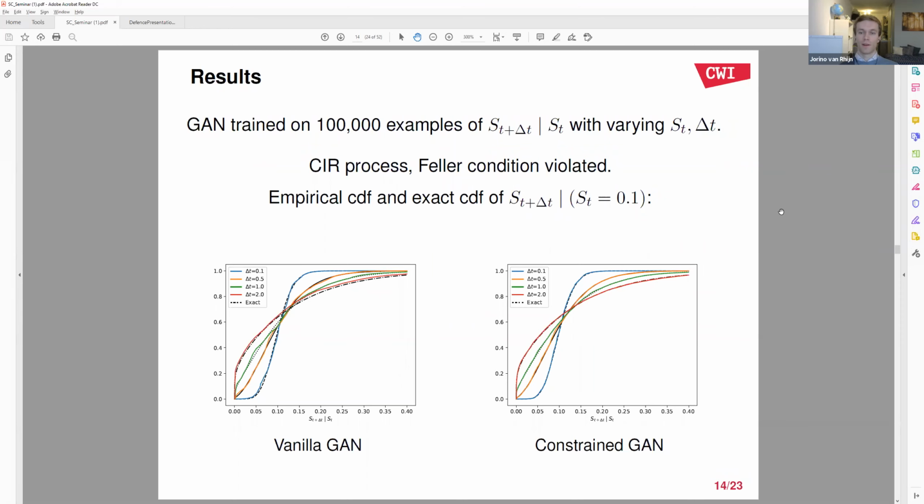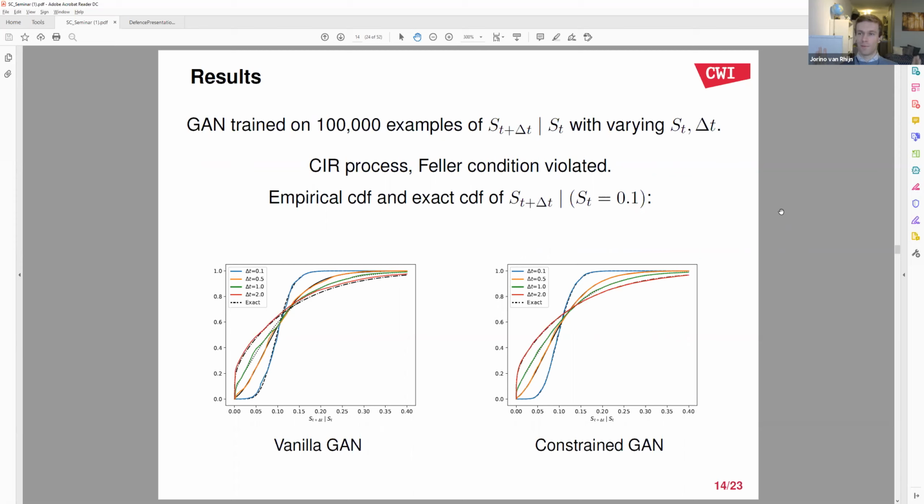And we actually saw in all the results that the constrained GAN also did a better job in approximating the distribution. So informing with this map from the prior to output actually also improved the weak convergence, the convergence in distribution of the GAN as well.